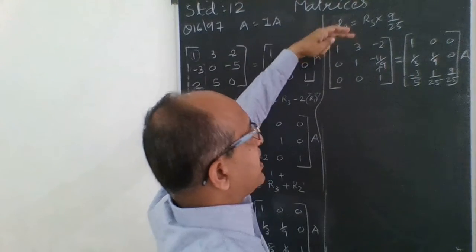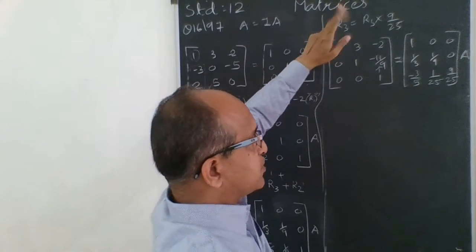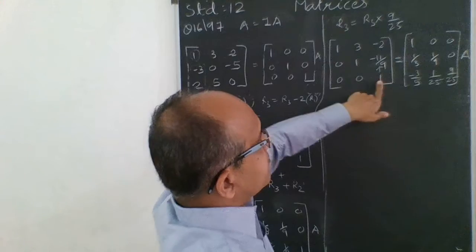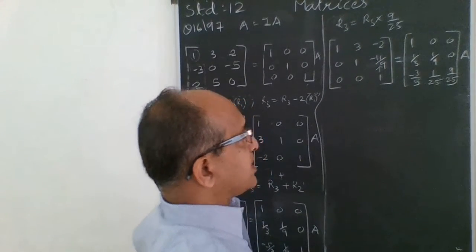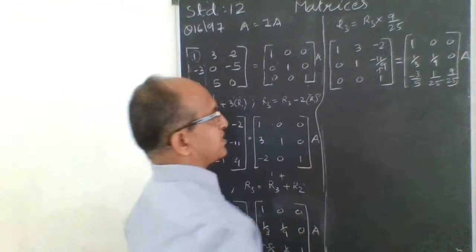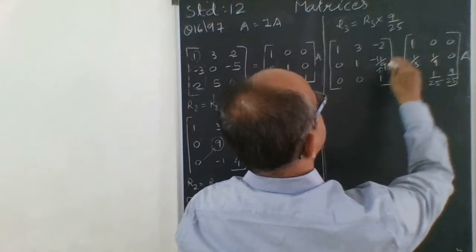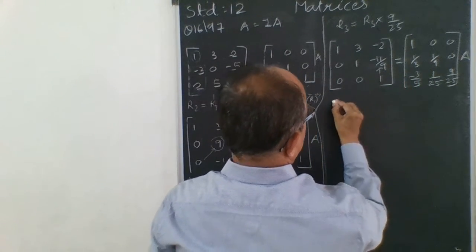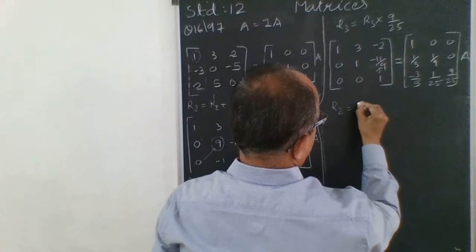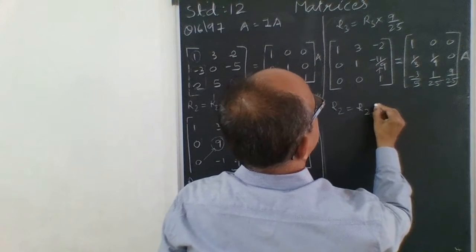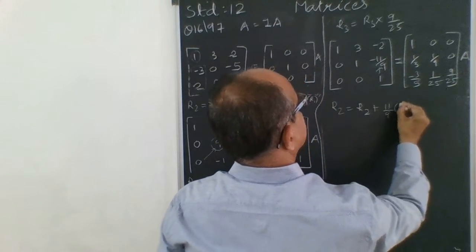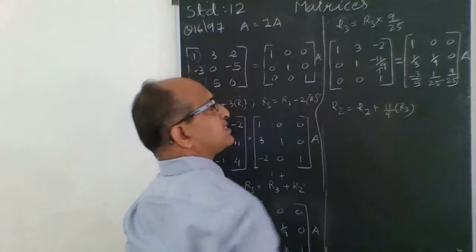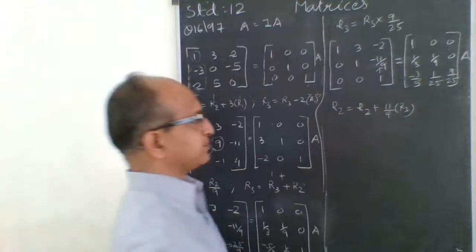Multiply by 3 and add, subtract, that is also possible. So we'll go step by step here. So this we want 0. So what we will do here, R2 is equal to R2 plus 11 upon 9 R3. So that means this becomes 0.